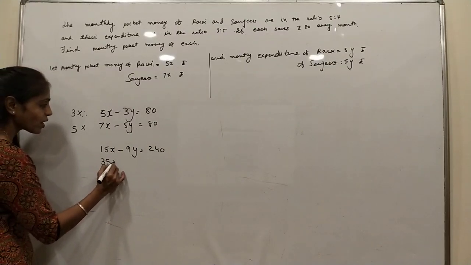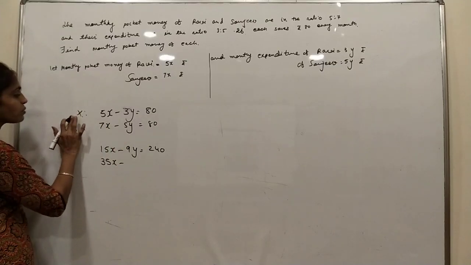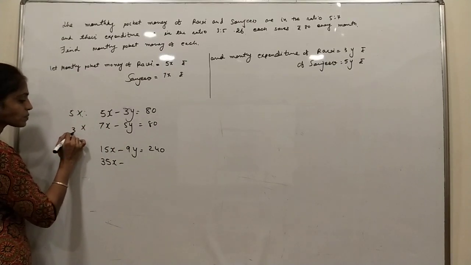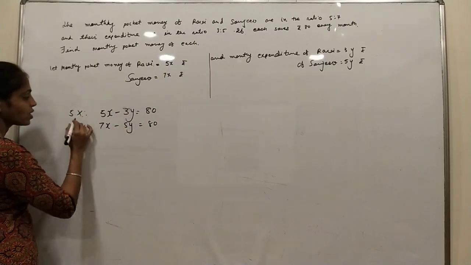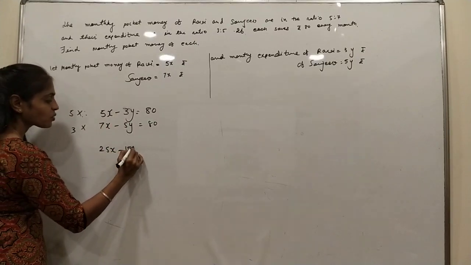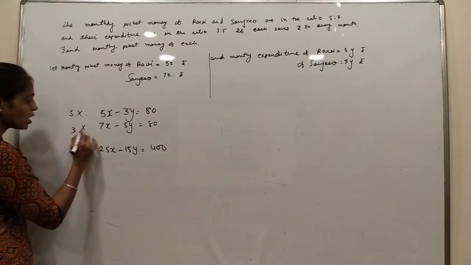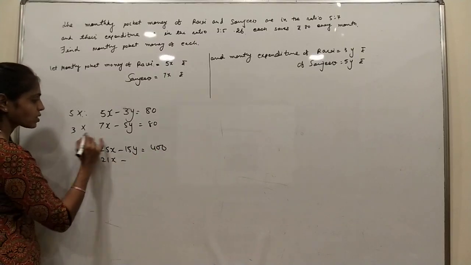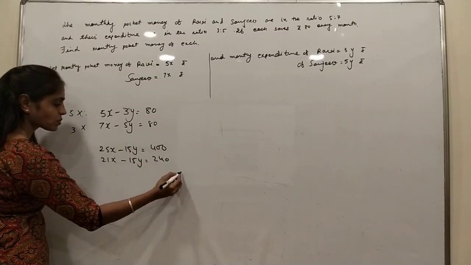Oh sorry, it was 5 and it was 3. 5 5s are 25x, 5 3s are 15y, 8 5s are 40. 7 3s are 21x, 5 3s are 15y, 240.